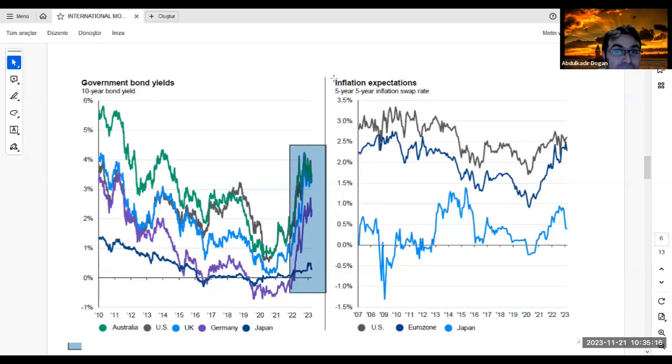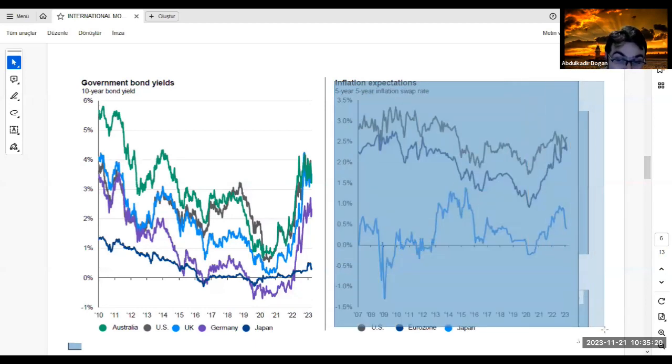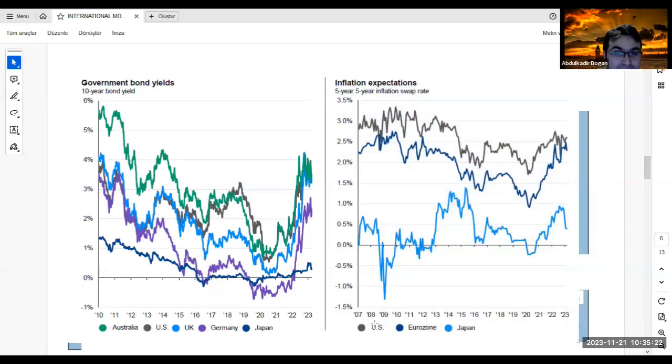And here on the right-hand side, please look at this inflation expectation. This gray line is the United States, the dark blue is the Eurozone, and the light blue is Japan. And this is the 5-year inflation swap rate. What do we mean by the 5-year inflation swap rate?